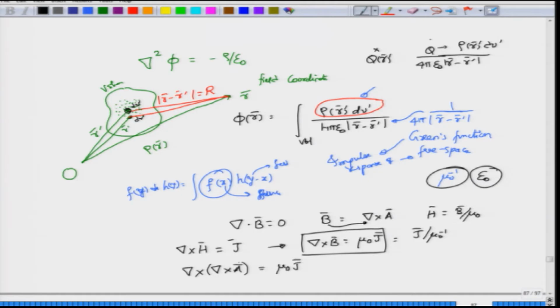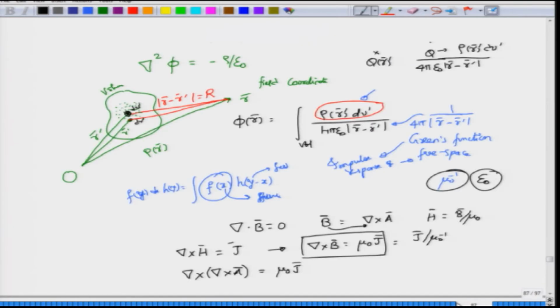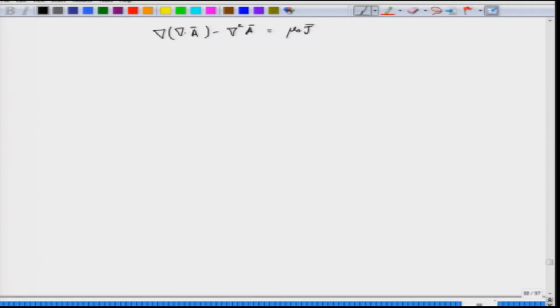Something interesting is going on here, because I can express this curl curl of A as del of del dot A minus del square A, which of course would be equal to mu naught times J. Now, what we have seen from vector analysis is that B can be expressed as the curl of A, but we have not said anything about what we should choose for del dot A. It turns out that this is under our control, and since it is under our control, I am going to take del dot A equal to 0, and the gradient of 0 is also 0.